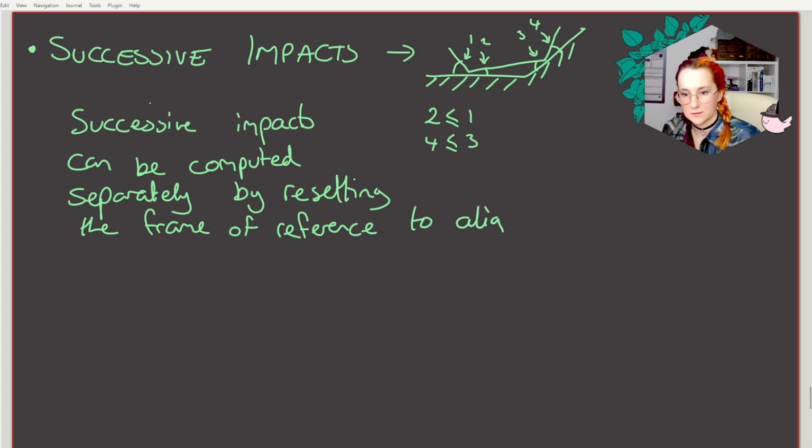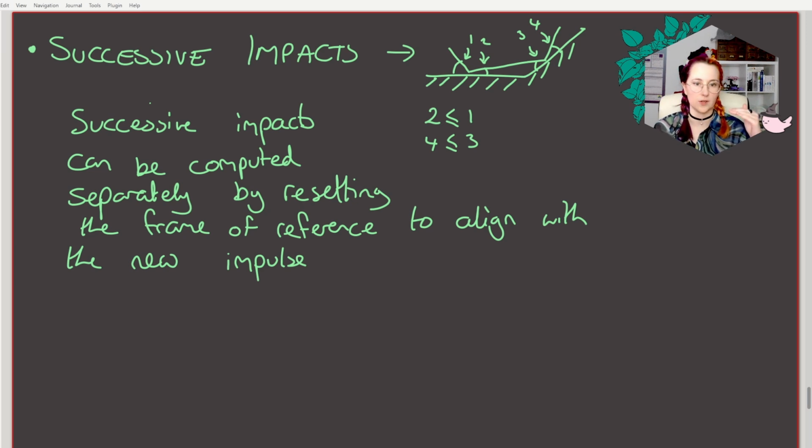By that I mean that for this collision 1 here, we have our frame of reference horizontal and perpendicular to this wall, and then as soon as the particle leaves that wall and that collision, we reset our frame of reference to be aligned with the new wall. So we shift our head so that we're looking perpendicular and parallel to the new wall. So that's quite nice.